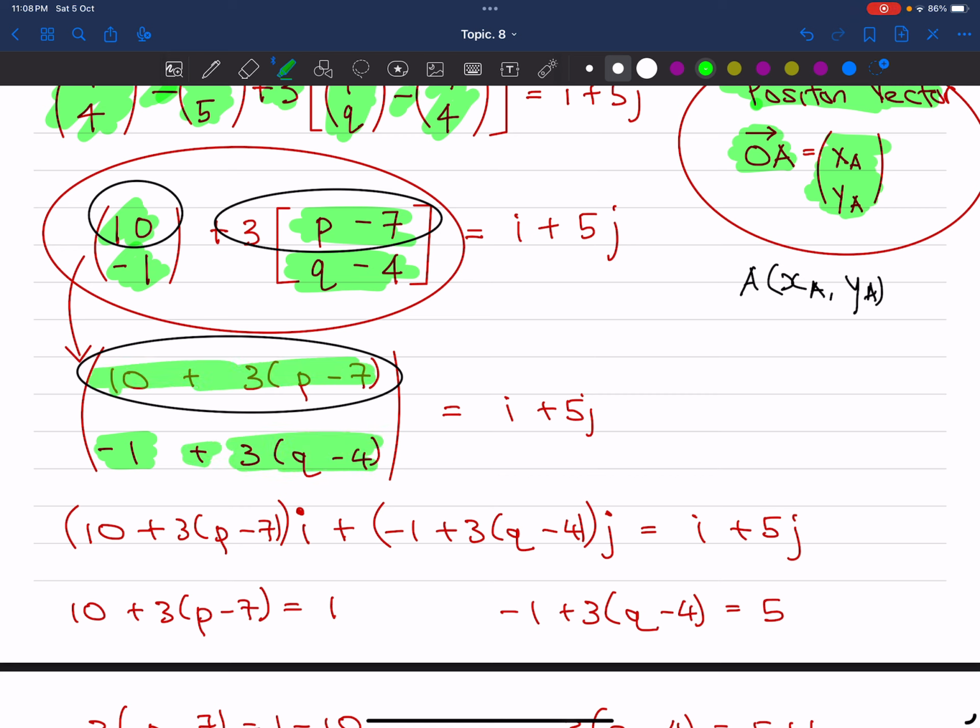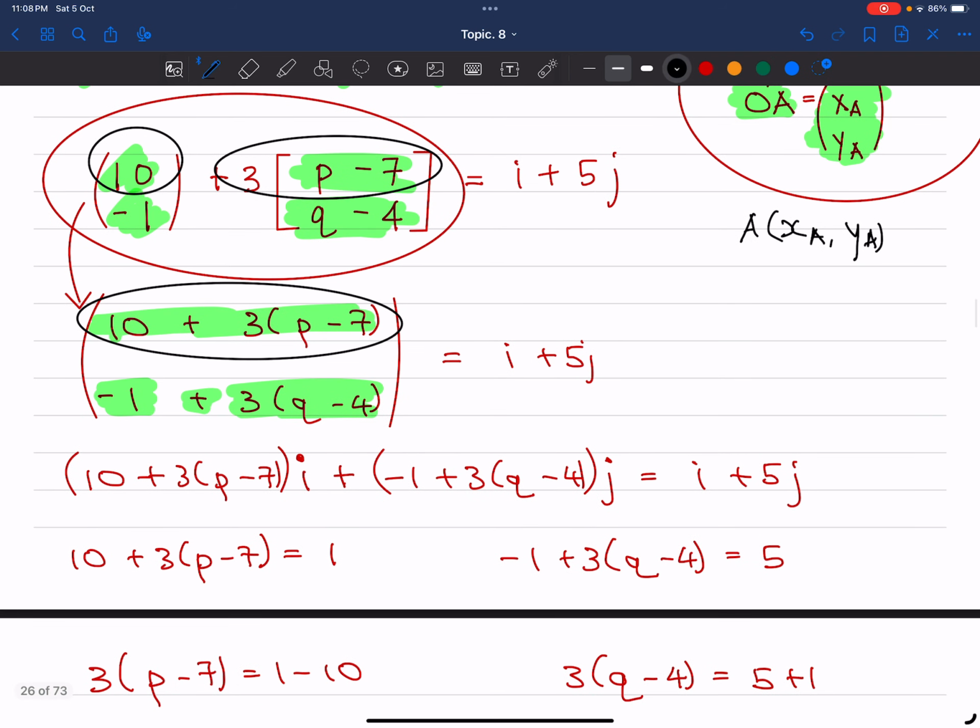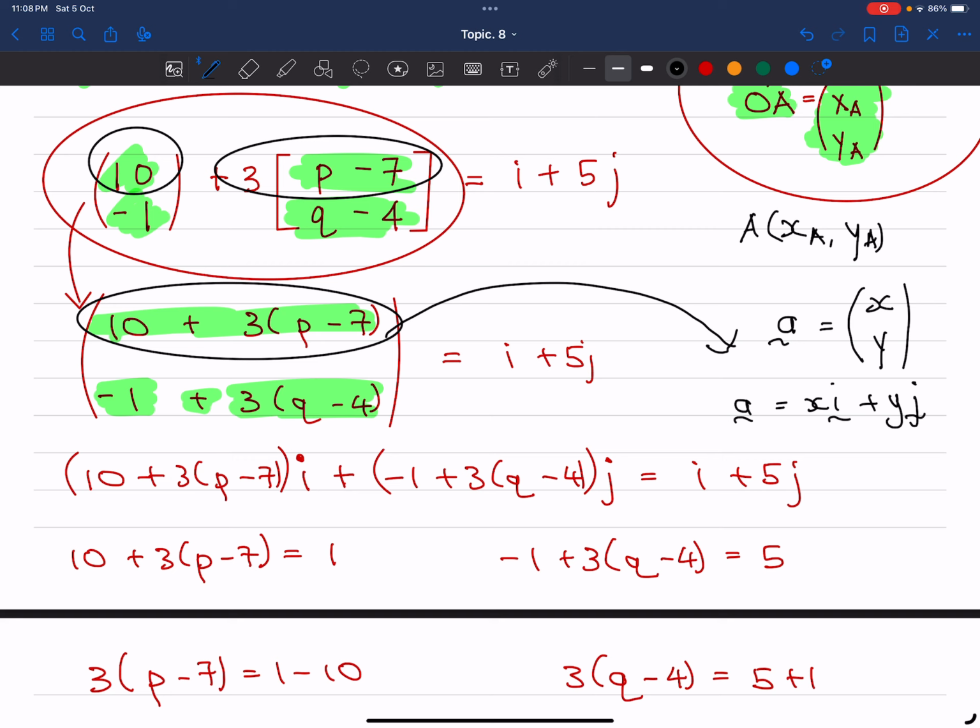And if you remember our notes, if I have a vector A as (x, y), this is the same as xi plus yj. The i and j are unit vectors. So here, this whole thing, 10 plus 3 brackets p minus 7, we put with the i.